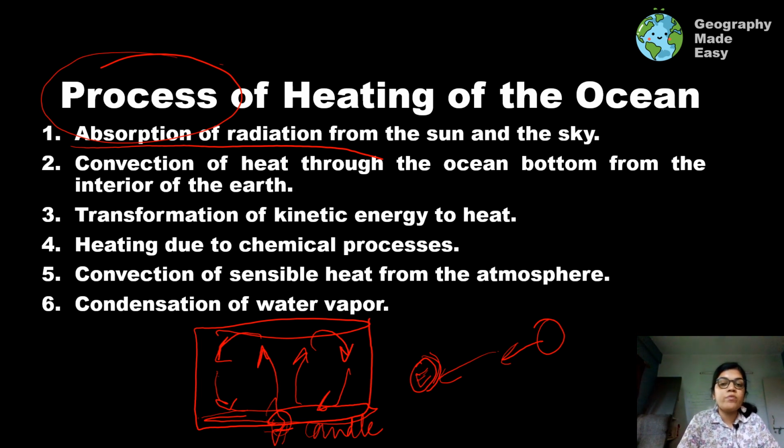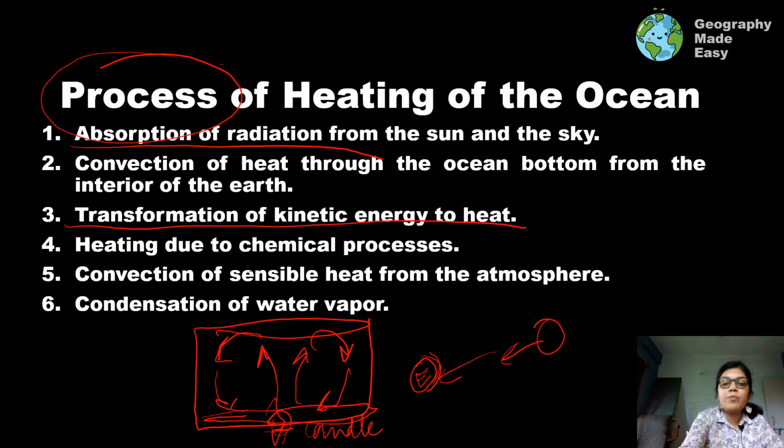We see these convection currents take place, and they help in balancing the heat between the surface of the ocean and the interior of the ocean. Then we have transformation of kinetic energy to heat. If there is any body in motion, the kinetic energy can get stored in the form of heat energy by heating the water molecules.